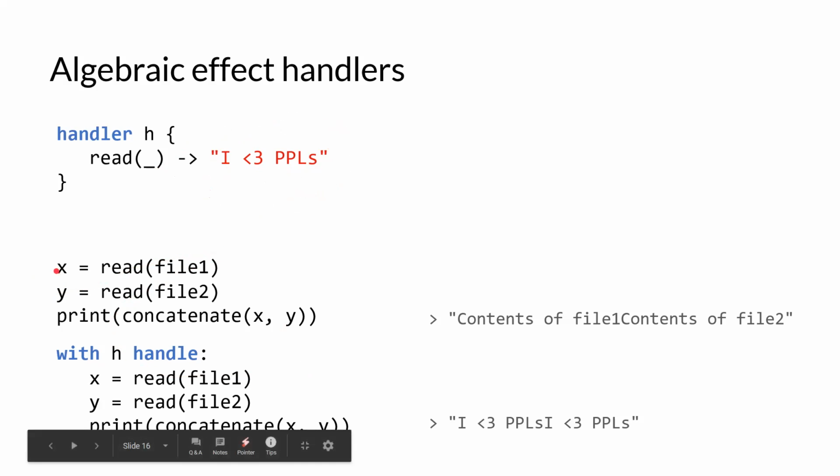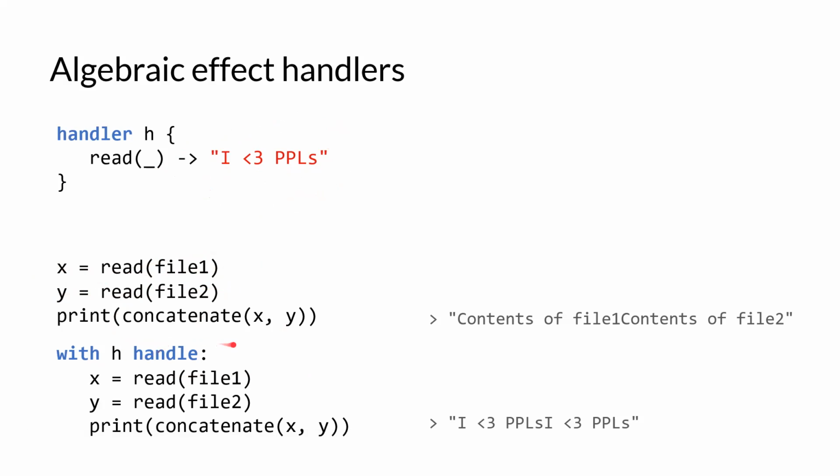If we have a program like this, x equals read file 1, y equals read file 2, print the concatenation between the two, we're just going to have the contents of file 1 concatenated with the contents of file 2. So this is the usual behavior.